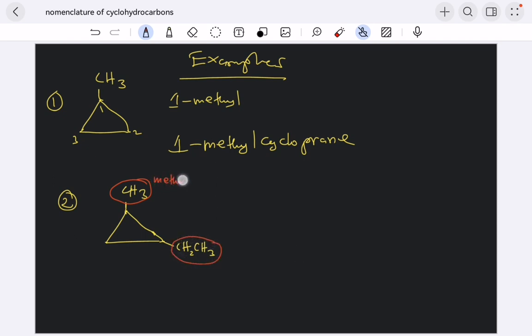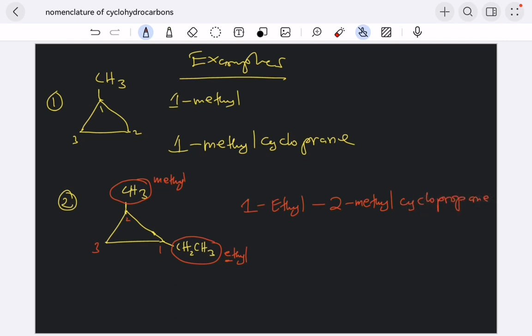So this is a methyl and that is an ethyl. According to the IUPAC, we follow the alphabet. So when it comes to counting, we have to start counting from where we have the E. This will be the first carbon, that will be the second carbon, and this will be the third. So what will be the name of this particular compound? This will be called 1-ethyl, 2-methyl, then the parent name, which is cyclopropane.